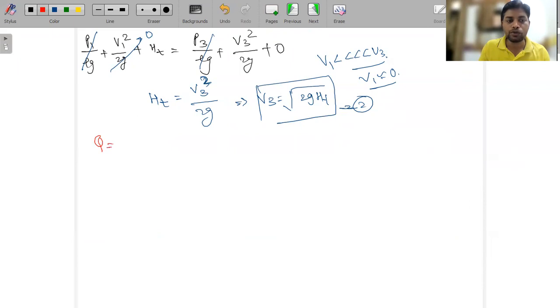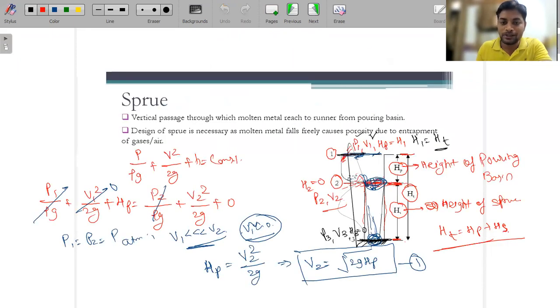That will be equal to Q. If we are talking about this sprue, it is affiliated with the point number 2 and the point number 3. So this is the sprue, and the volume flow rate at point 2 will be equal to the volume flow rate at point 3.